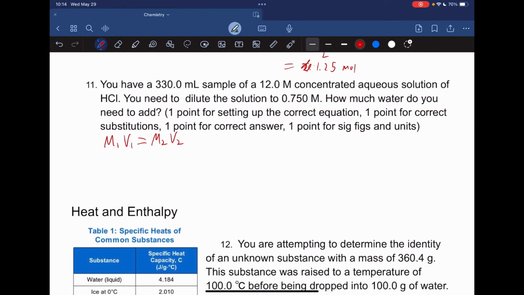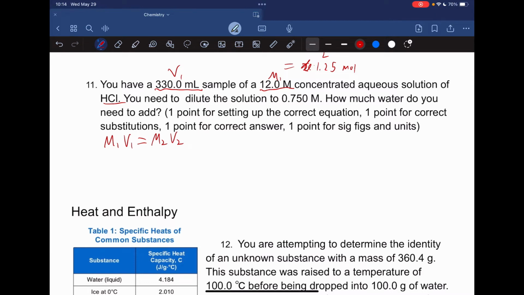Problem number 11 is an M1V1 equals M2V2, a dilution or making something more concentrated type of problem. So we originally have a 330 milliliter sample of a 12 molar concentrated aqueous solution of hydrochloric acid. So what they've given is the initial molarity and the initial volume.